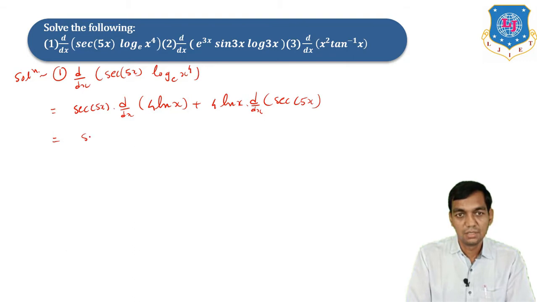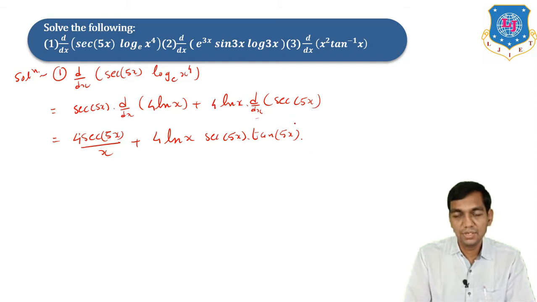So here sec 5x as it is, 4 is a constant, so ln x has a derivative 1 upon x. In the same manner here, 4 ln x is constant, and sec has a derivative sec x into tan x. So sec 5x into tan 5x into the derivative of 5x, that means 5.